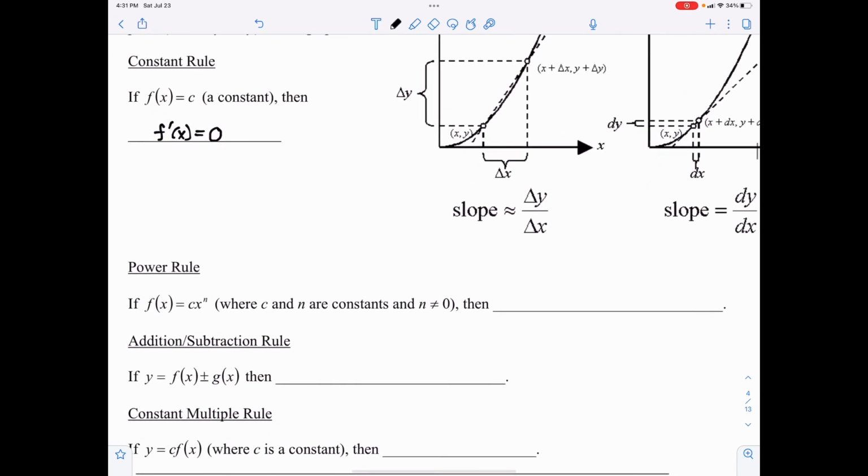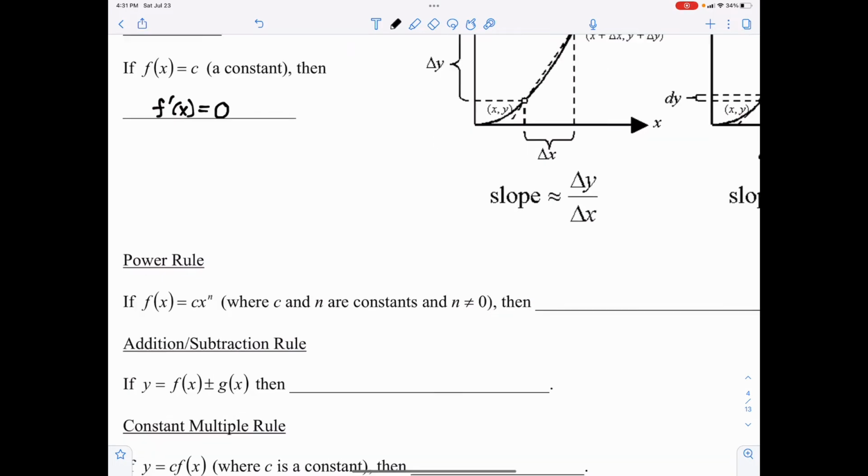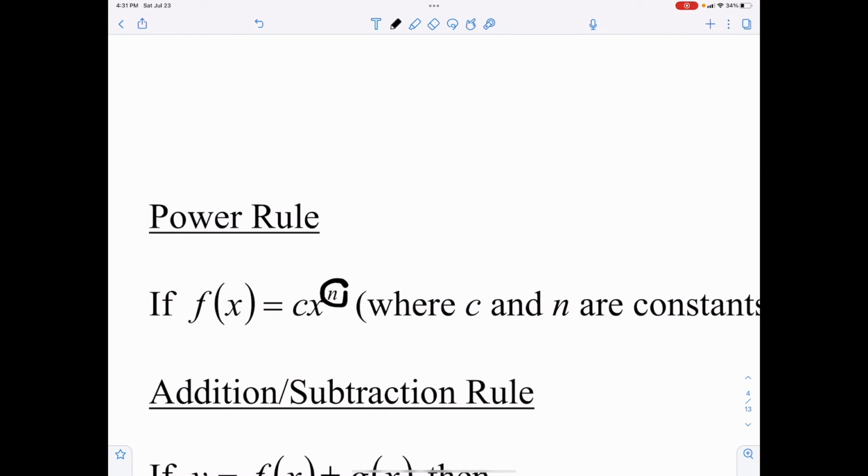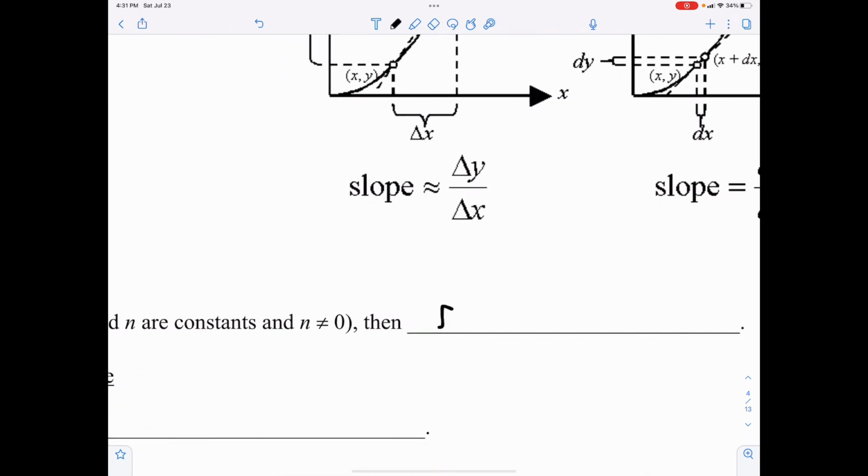Power rule: if f of x equals c x to the n power, where c and n are constants and n is not 0, then you take the exponent, bring it down, multiply it times c, and then subtract 1 from the exponent. So we would write that as f prime of x is equal to c n x to the n minus 1 power.